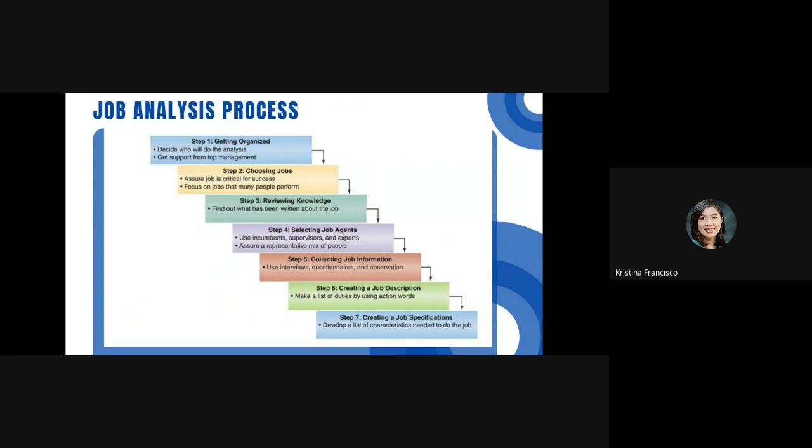Develop a list of job duties using clear action words. Then, creating the job specification. Define the qualifications needed to perform the job effectively. These steps ensure a thorough analysis that improves job roles and supports organizational goals. Let's proceed to this.